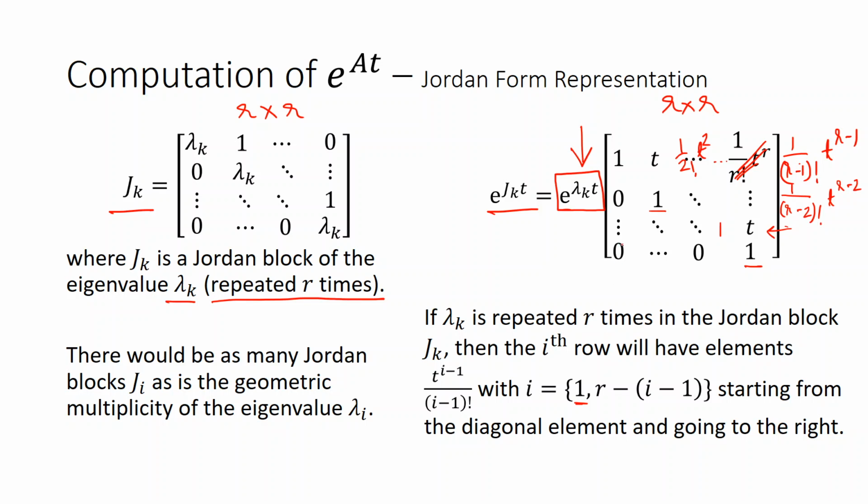If you have i ranging till r, then it's fine, and in the last one it would come to r minus 1. I'm suddenly confused here, so maybe it is r. So you have r to r minus 1.